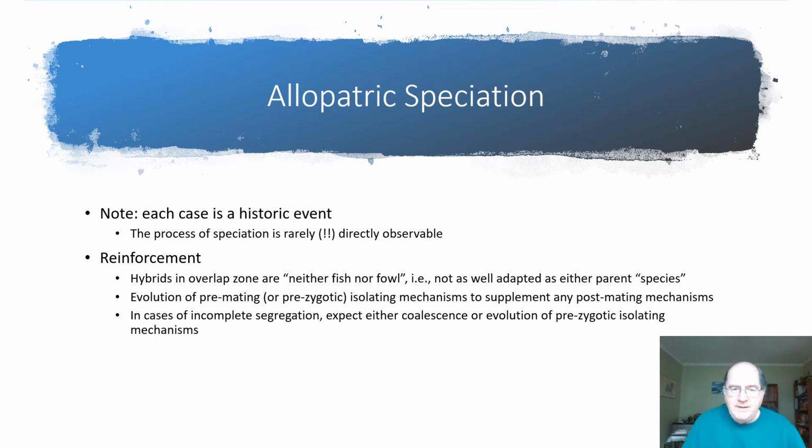But if that occurs, and a subsequent doubling of the entire chromosomal complement in that new hybrid occurs, now there's no problem with having homologous chromosomes pair up during meiosis and have meiosis proceed normally to the production of male and female gametes. So that's a case where we can observe speciation taking place almost right in front of our eyes. And there are a few other special cases like that. But by and large, we're talking about unique historical events that we might be able to hypothesize the mechanisms involved, but it's rarely something that is amenable to experimentation to actually determine what happened.